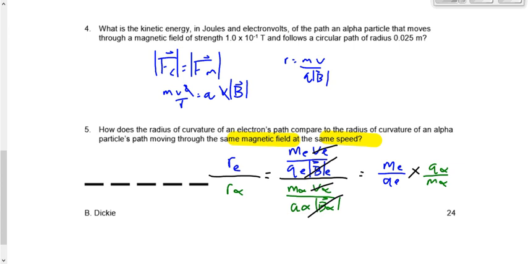Now, we know the numbers for these, right? If you sub in all these numbers, great. Do the math. Now, there is a little bit of a shortcut here, actually. It's not much, but I'm going to show you the shortcut here. If you don't like it, that's okay. Just sub in the numbers here and get the ratio. The mass of the electron divided by the charge of the electron times the charge of the alpha particle, is it not twice the charge of the electron?